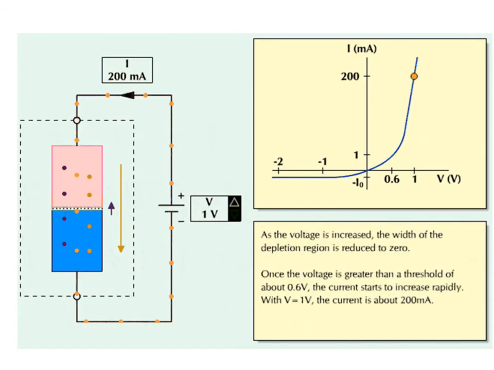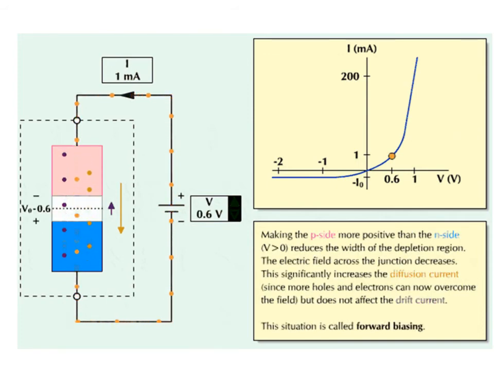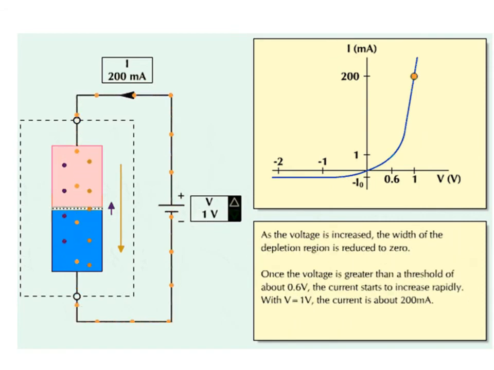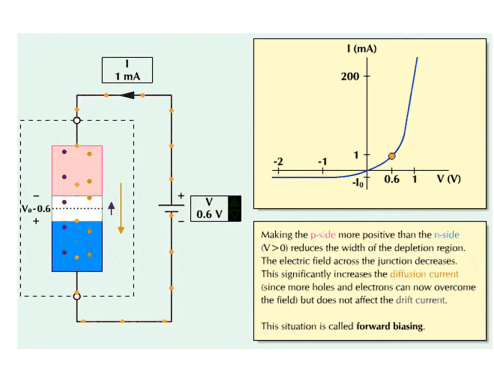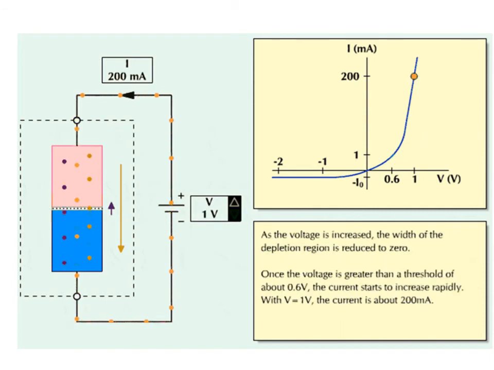So correspondingly at 1 volt you have a high current near 200 milliampere, and when it is 0.6 the current is very low at 1 milliampere. So this is actually what we call the forward bias. Due to forward bias, the height of the potential barrier will reduce and the width of the depletion layer is also narrowed down.